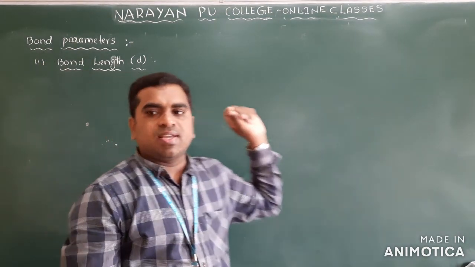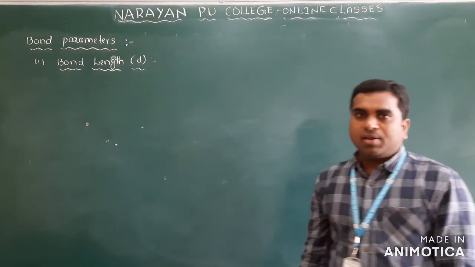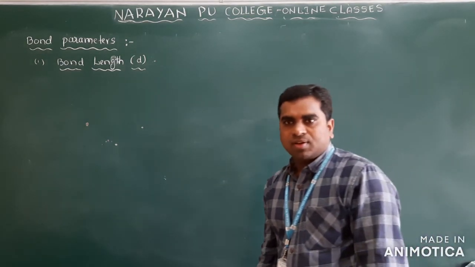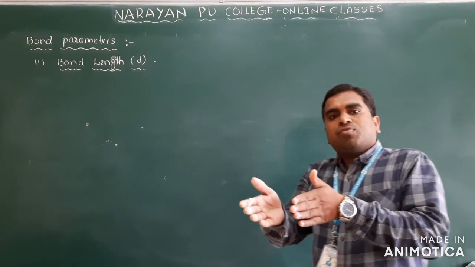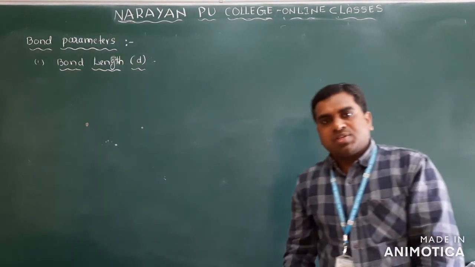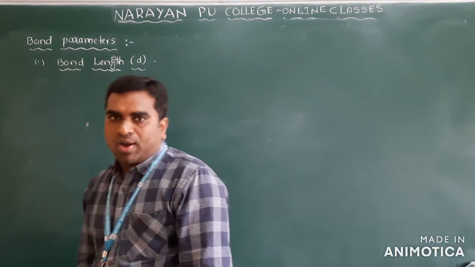The first one is bond length. Clear? What is the bond length? The distance between the centers of the bonded atoms is called bond length.